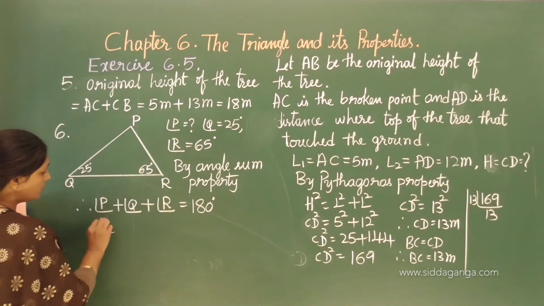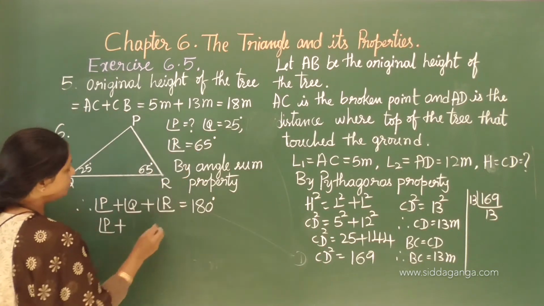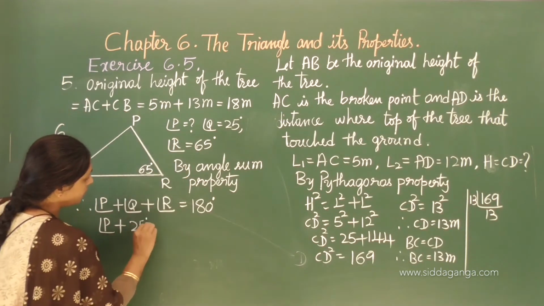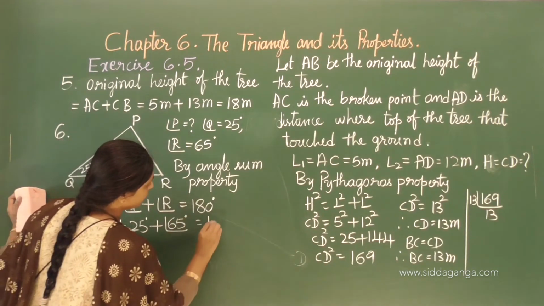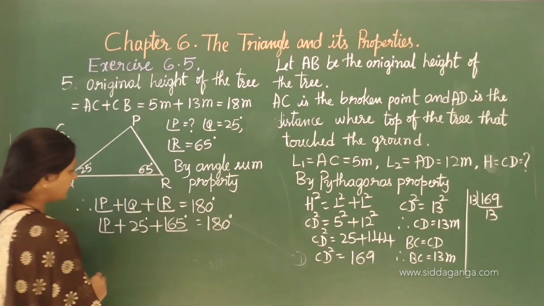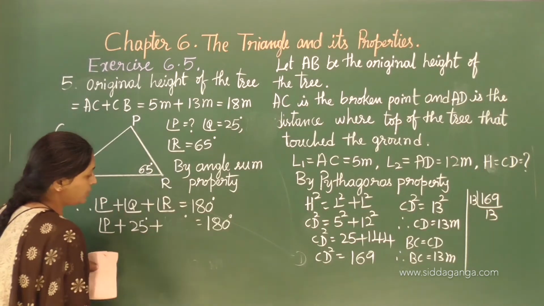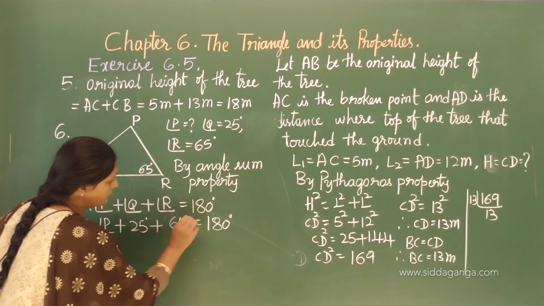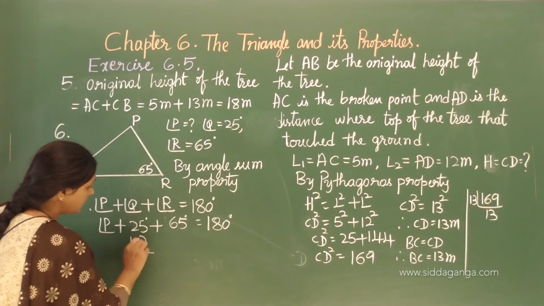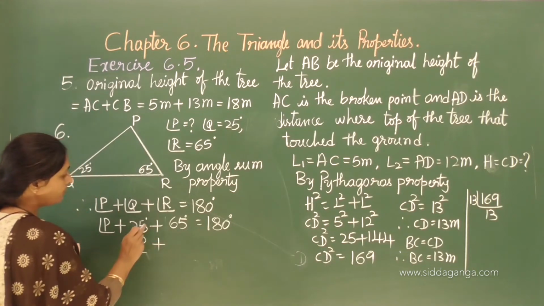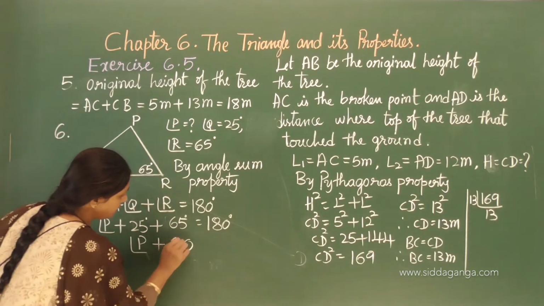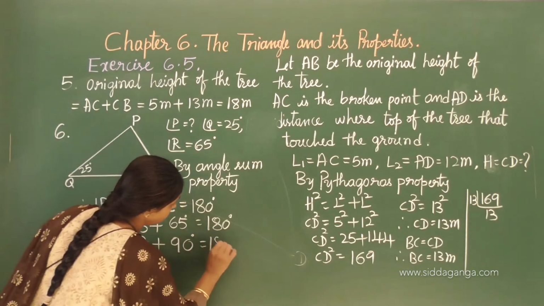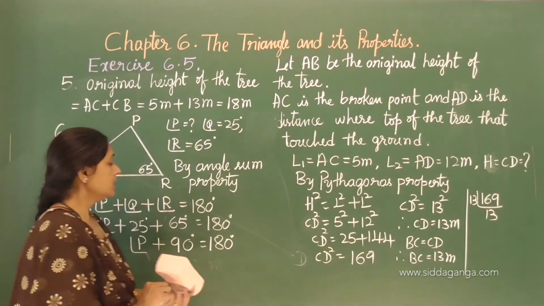So we know angle Q is 25 degrees, plus angle R, that is 65 degrees, equal to 180 degrees. So we can add both of these measures. Keep P as it is, we can't add this. 5 plus 5 is 0, 2 plus 6 is 8 plus 1 is 9, so 90 degrees, that is equal to 180 degrees.